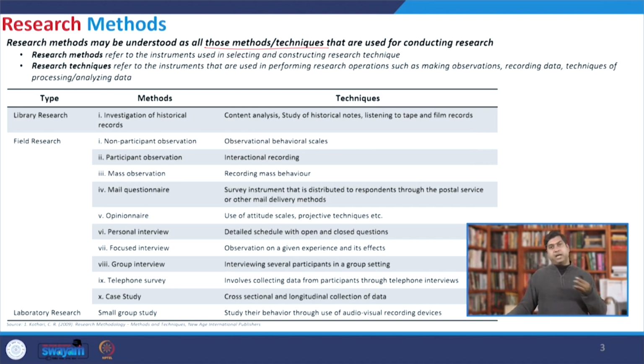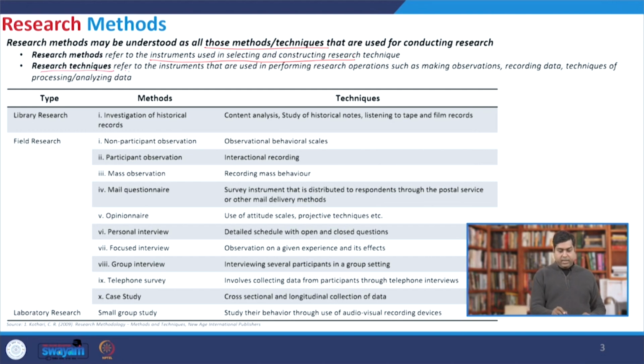And then if we identify a few factors that can affect cultural tourism, and that can also make certain changes in the overall development of that city, we can also think of going for some quantitative research. So research methods refer to the instruments used in selecting and constructing research techniques.